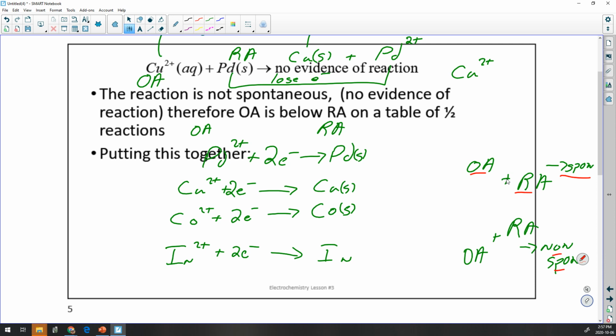So I now know that if I try to react indium 2 plus with palladium solid, there would be no spontaneous reaction. However, palladium 2 plus with cobalt solid, it's on my table higher. Now I can tell that it's spontaneous. I only needed to do 3 reactions instead of the 9 that I would have to do otherwise. So your homework is given to you there.